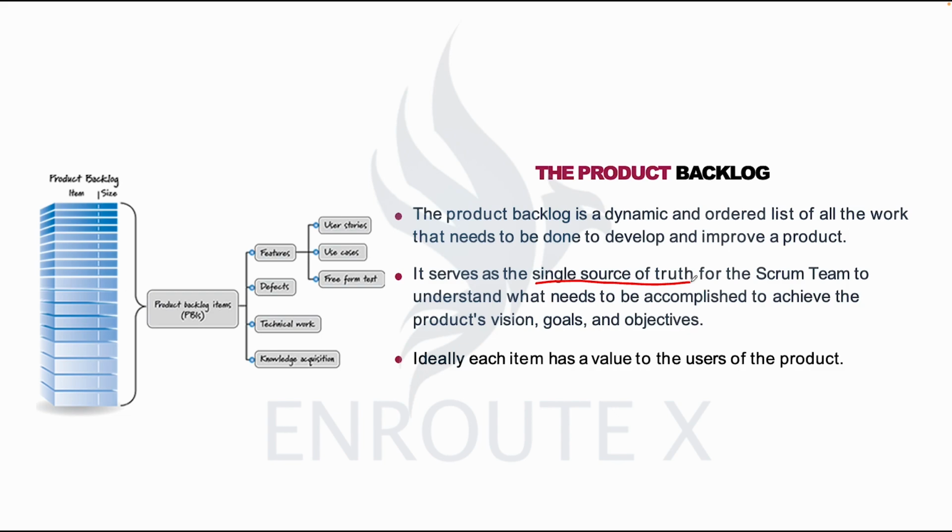They understand clearly what the product journey is. They understand clearly what the product vision is. So the product backlog should contain every piece that would make up the story.